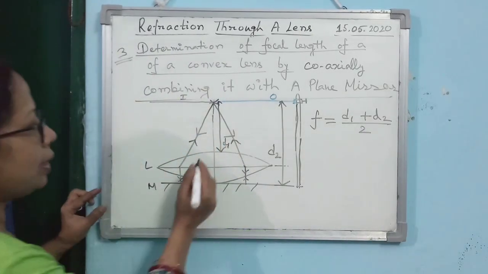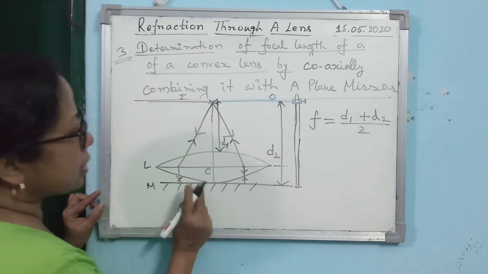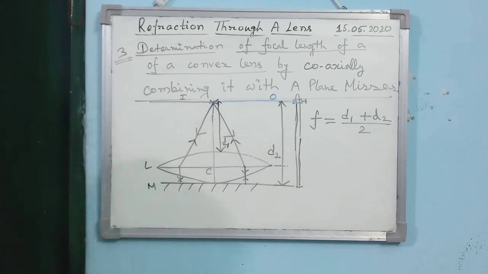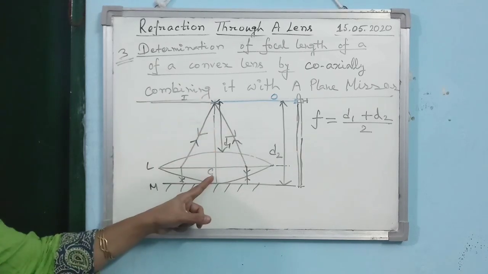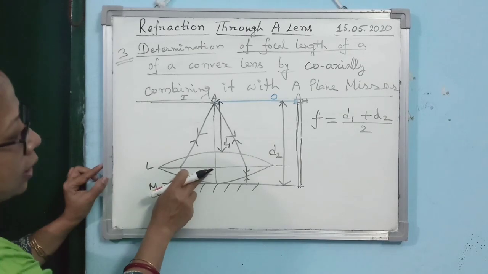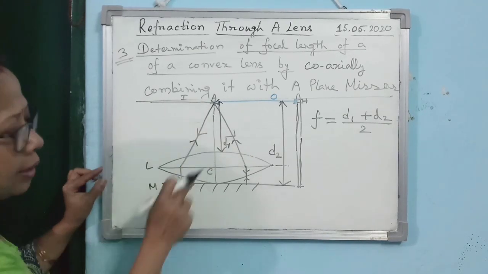Alright, so how is it coming? Just understand it. Let us consider the optical center of the lens be C. What is the focal length of the lens? If you consider this point as A, the focal length of the lens is CA. Yes or not?